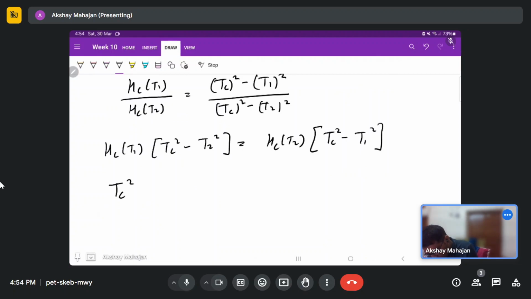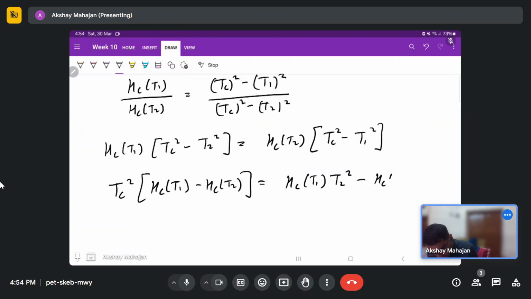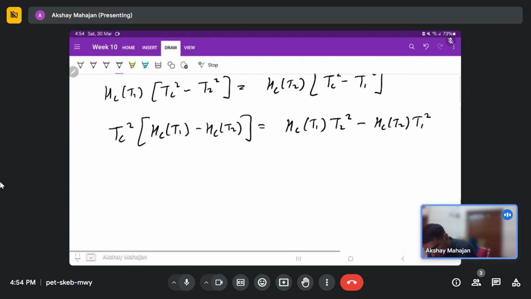Just take Tc square common, so I will have Hc(T1) minus Hc(T2) equals, we get Hc(T1) T2 square minus Hc(T2) T1 square. So from here you get the formula for critical temperature.